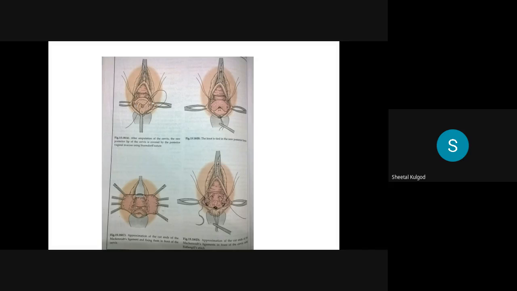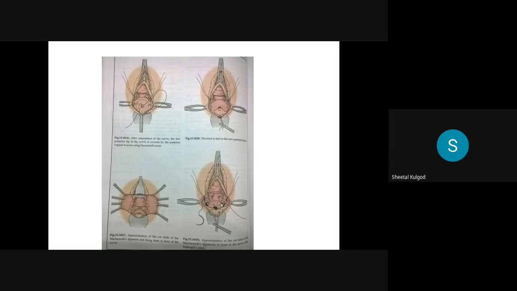First, they open the vaginal walls in the fornices, and they tie the posterior vaginal fold to the cervix from inside out, and also anteriorly. These two tags you can see here are actually the cut ends of the Mackenrodt's ligaments. So they pull the ligaments, cut them, and tie them on the sides first to the cervix.